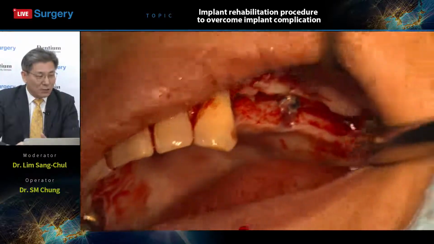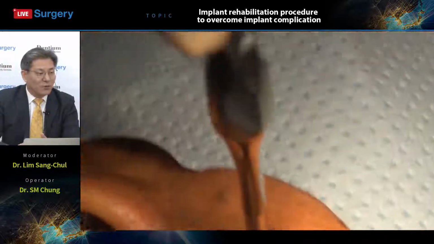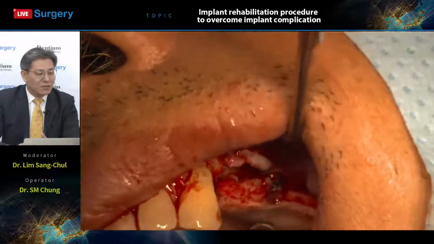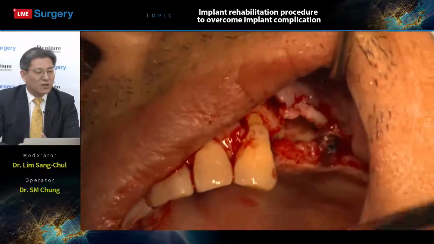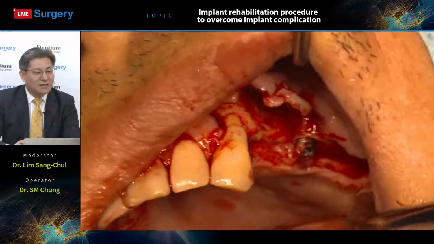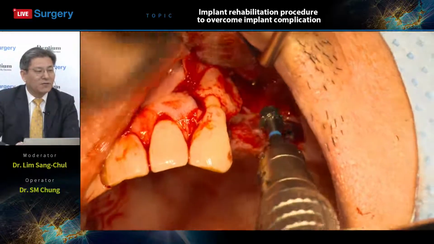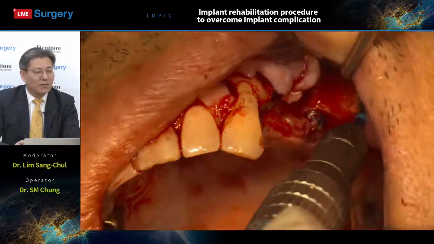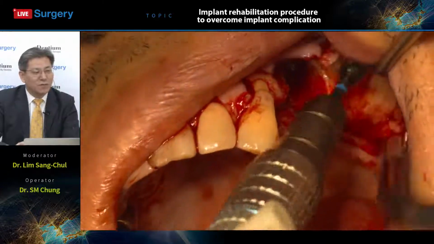Grinding the surface of bone means surface activation. Surface activation means accelerating new bone formation when we have bone augmentation, some bone grafting.